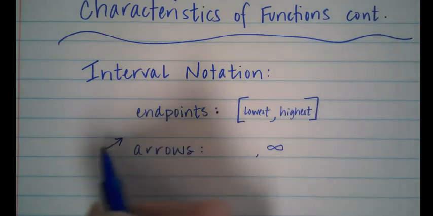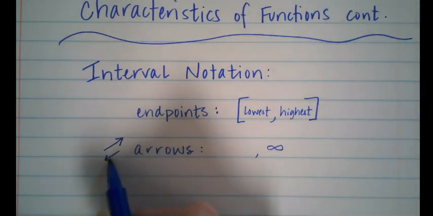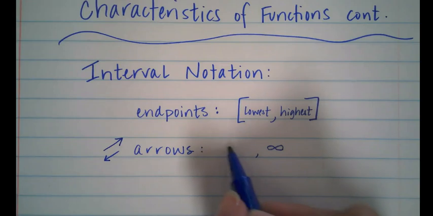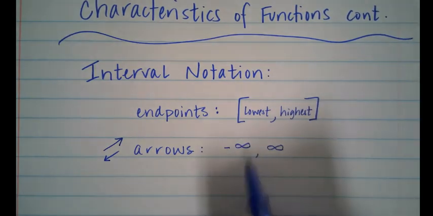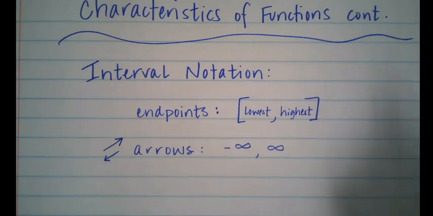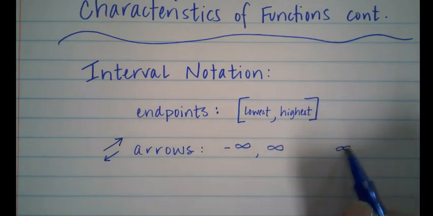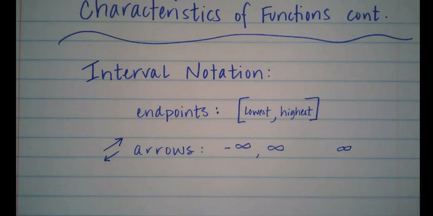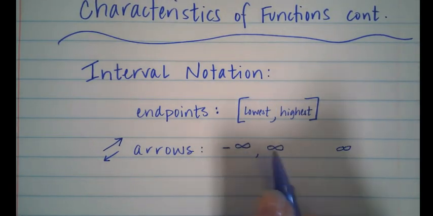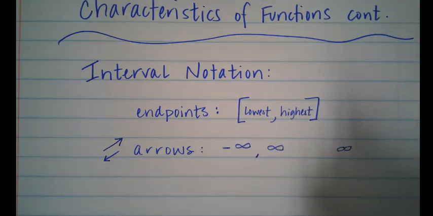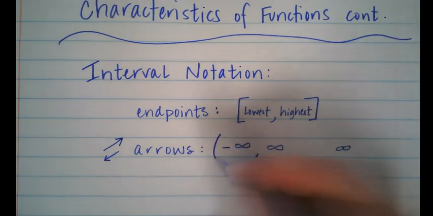If it was going on forever in a negative direction, then that would be negative infinity. And infinity is like a sideways 8. You could even just make two ovals next to each other, which could look like an infinity. But anytime we have infinity when we're talking about our function, we use parentheses.